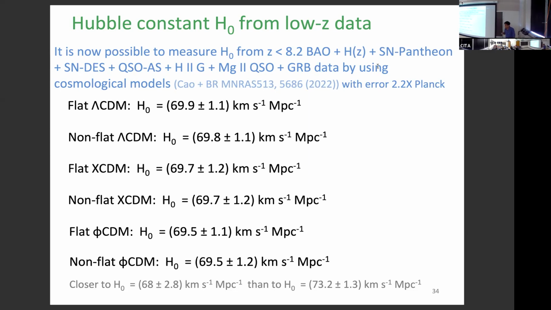And on a slightly longer time scale, probably in a decade or so, we're going to get many more reverberation measured quasars like MG2 and C4. Maybe this correlation will hold up with these bigger data sets, but that's not absolutely clear.